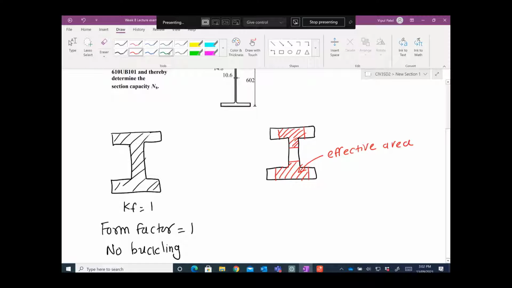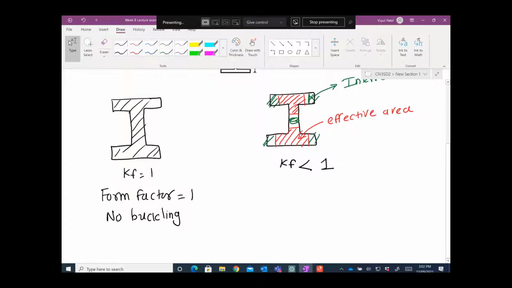And this one is the ineffective area, meaning that this part will buckle. So we need to remove this part from our calculation. So we need to remove that green part. In that case, it will apply Kf less than 1. So that's what it is basically saying.